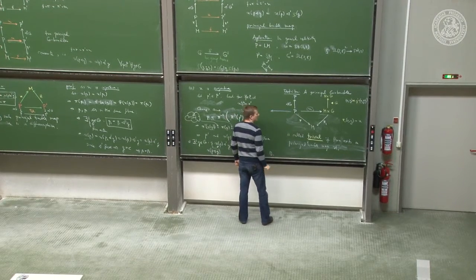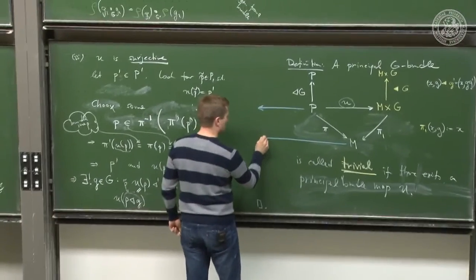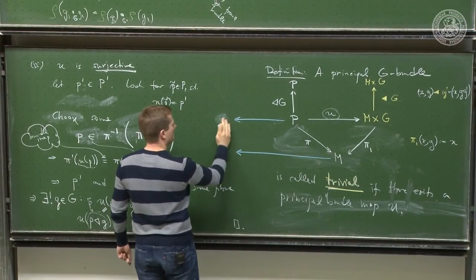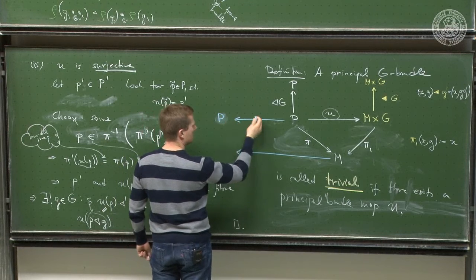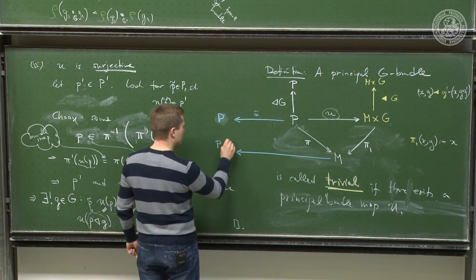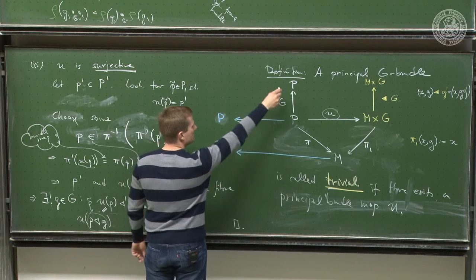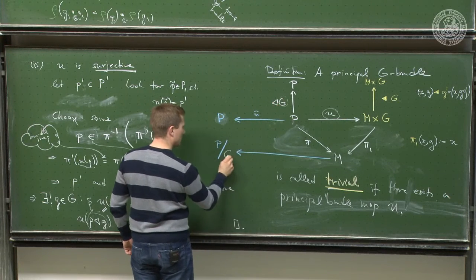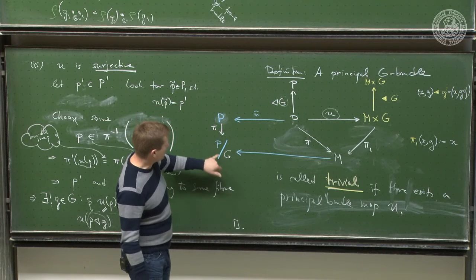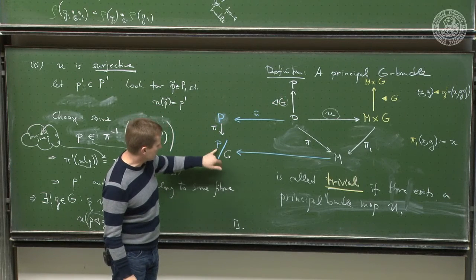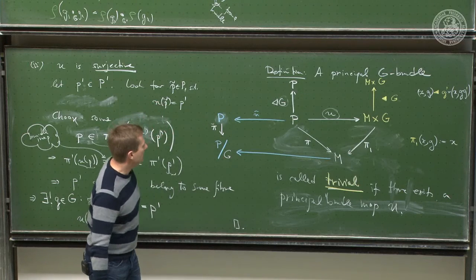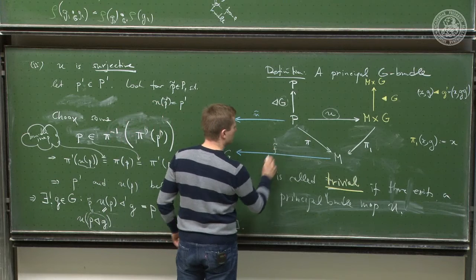You have a map from P to P, that's right. That's another map U, let's call it U twiddle. And down here to P mod G, with the corresponding map. So that's the orbits, the set of equivalence classes, the quotient space. This is the quotient space map, pi twiddle. And here you have an F twiddle.